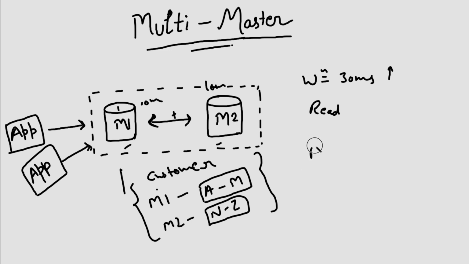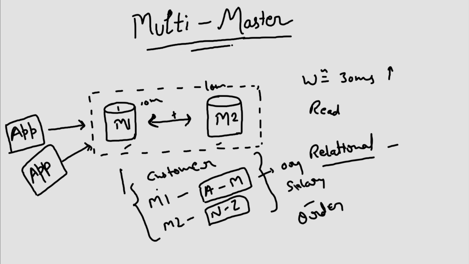But in the case of a relational database, this problem is a little tricky, because if you have only a single table, then it will work fine. But if this customer table depends on any other table too, let's say organization, salary, or maybe something else, it can be anything, then you also have to ensure that those related data are also present with M1.